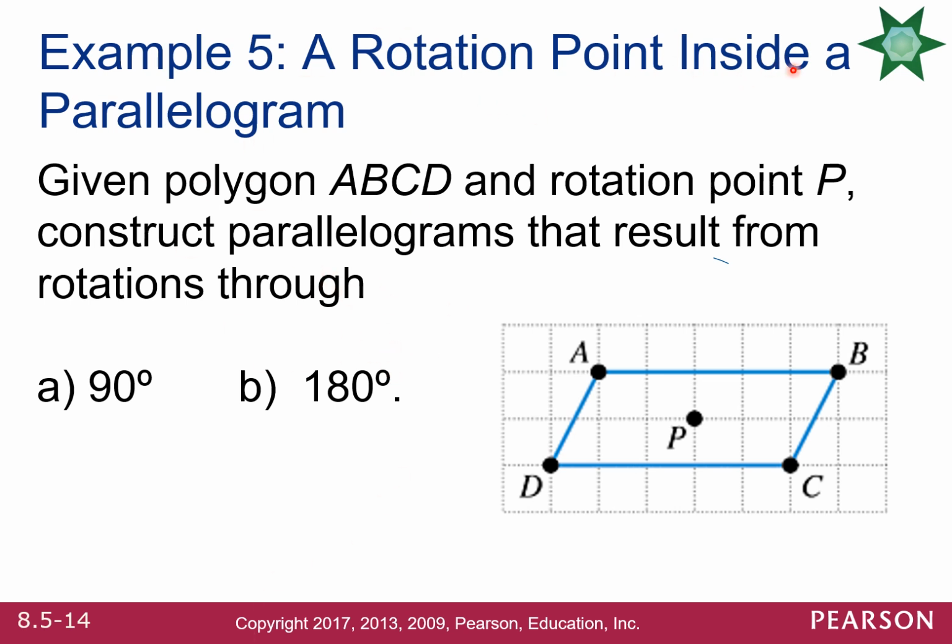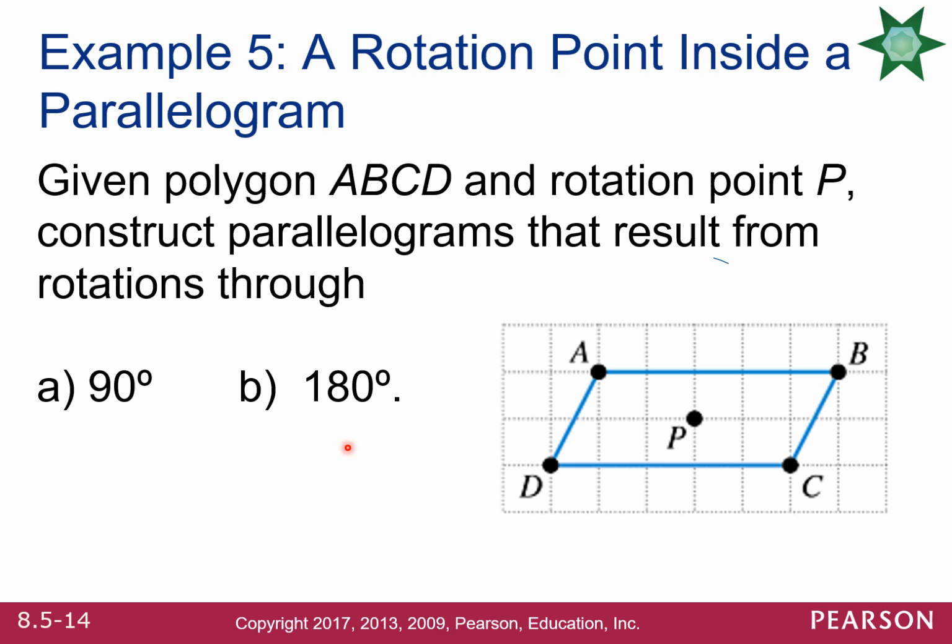So let's look at this example of rotation. The rotation point is inside a parallelogram, and that point is marked as P, and the ends of the parallelogram are marked as A, B, C, D. So let's see what a 90-degree rotation and a 180-degree rotation would look like.